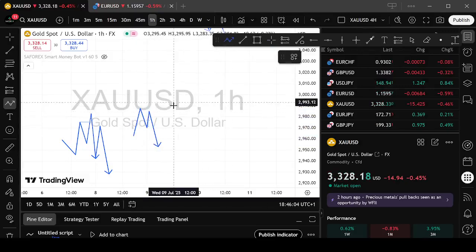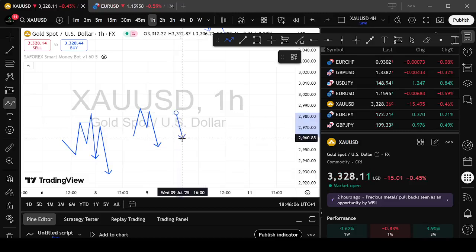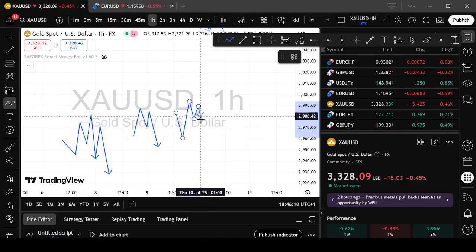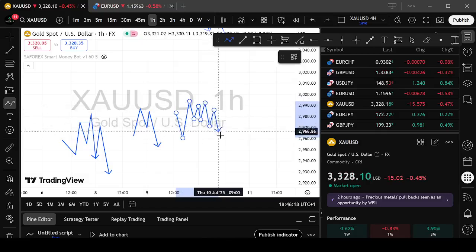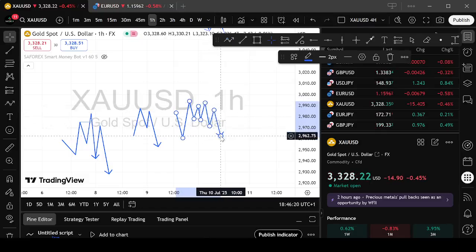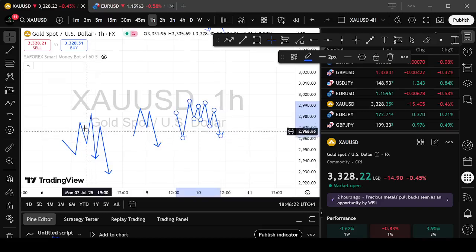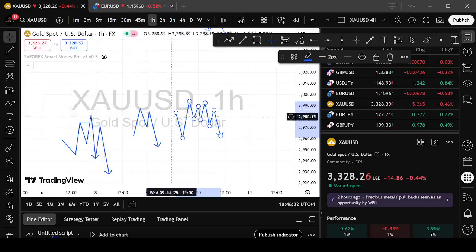Market can be so funny, you can as well do something like this. So we understand that each of these breaks is a break of structure, a change of character, a failure swing. This will become your failure swing because the market fails to break this immediate high and then breaks lower.